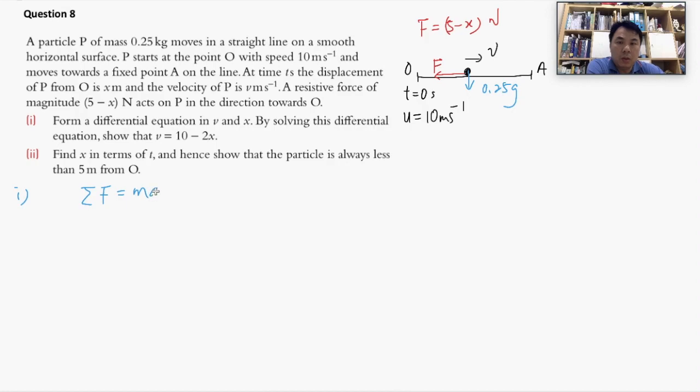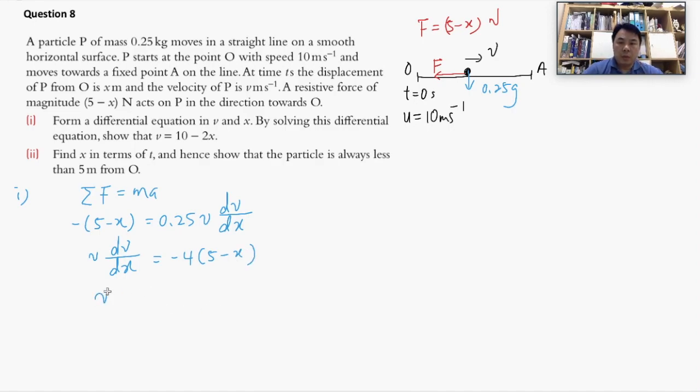The resultant force that we have is only negative (5 - x), which is the same as 0.25 v dv/dx. By arranging this, we have v dv/dx equal to negative 4(5 - x).